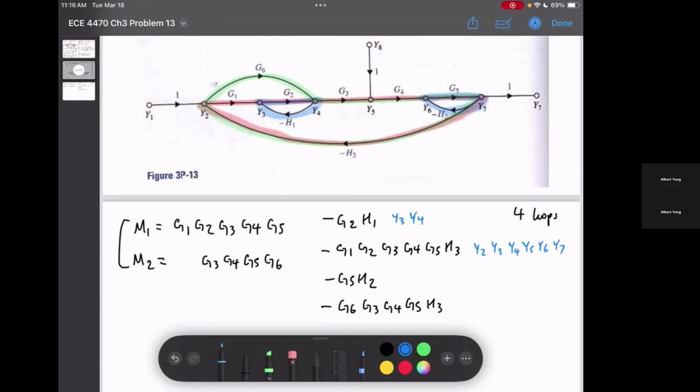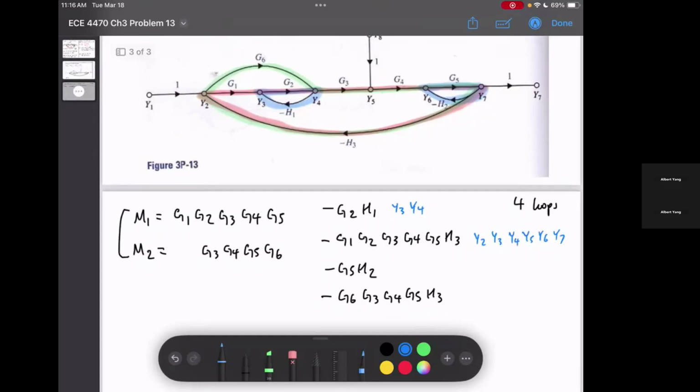Then G5 and H2 is Y6, Y7. And then G6 to G3, that would be Y2, Y4 to Y5 to Y6 and Y7.